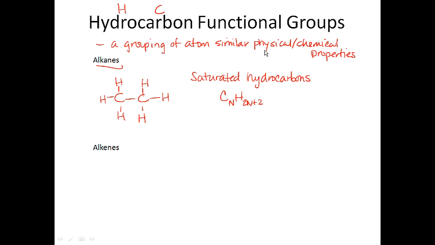So, for instance, this molecule at the end here we'll call ethane. This molecule has 2 carbons and 6 hydrogens. That's the maximum amount of hydrogen per carbon that you can have. Saturated hydrocarbons are also called aliphatic, which is a synonym for the term saturated. You may have heard the term saturated, and in the next functional group, unsaturated. Unsaturated means they have a double bond; saturated means they have all single bonds.